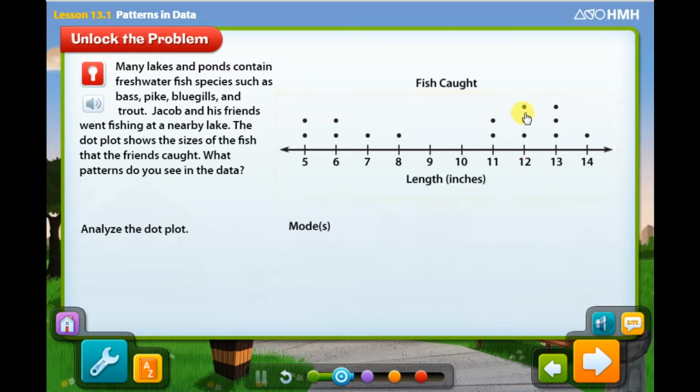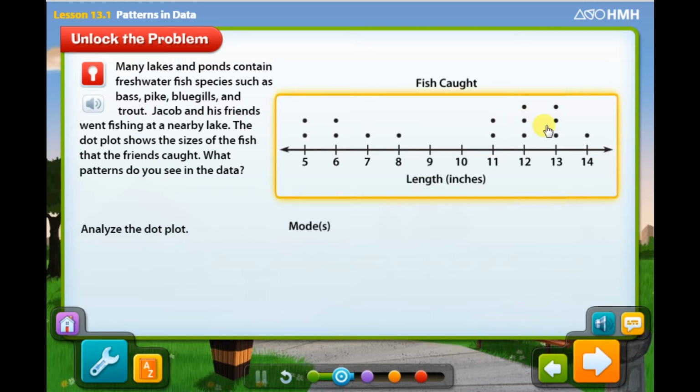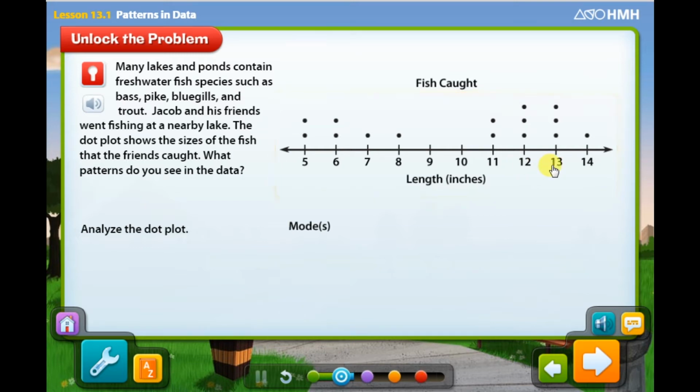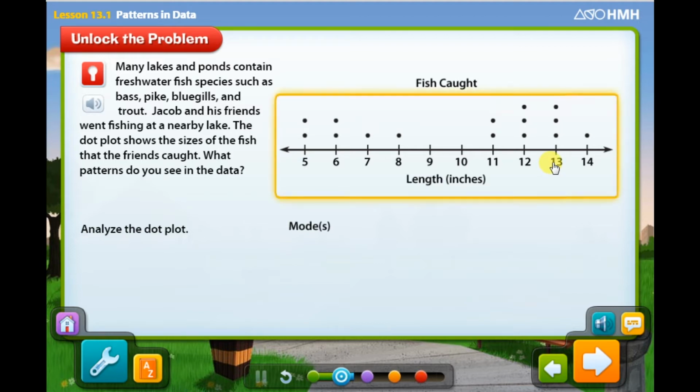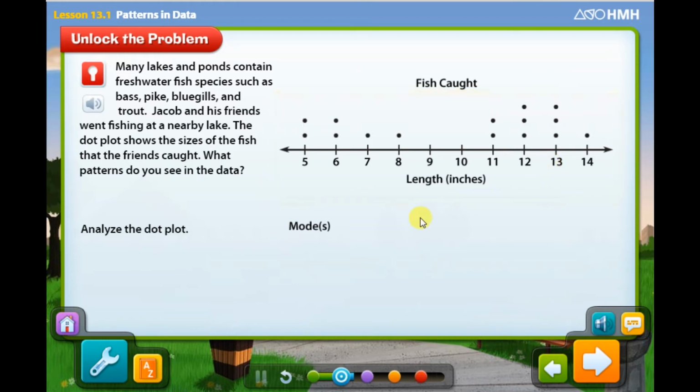They both have the highest column in this dot plot, and they both have 3 fish. The modes of the data are 12 and 13 because they have the highest columns and are the same height. This means that the group caught more 12 and 13-inch fish than any other size.